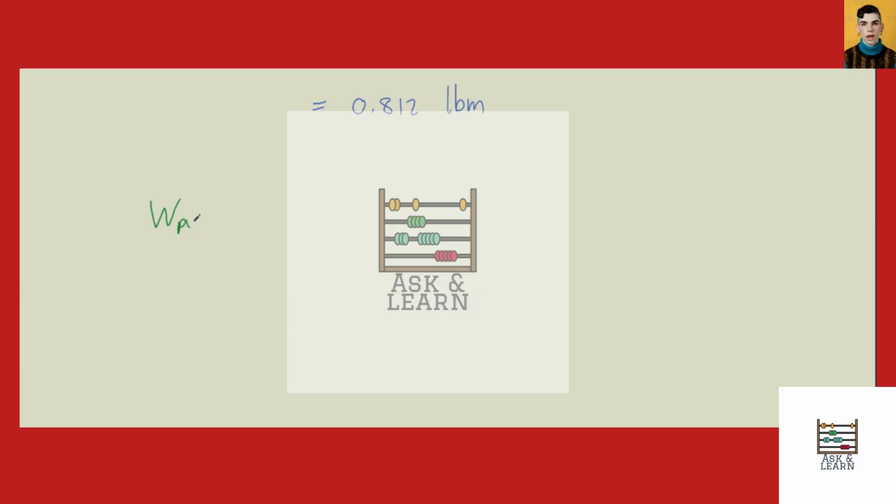So the work done by the paddle wheel into the system is equal to 20 BTU plus 0.812 pounds, that's m, times 0.160 BTU per pound mass R, and that's multiplied by the temperature change of 735 minus 540 R. And so we get the work done by the paddle wheel to be 45.3 BTU.